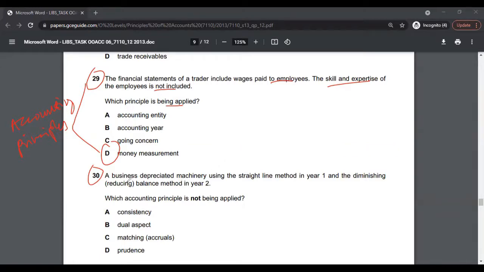Multiple choice 30. A business depreciated machinery using straight line method in year 1 and the diminishing balance method in year 2. So SLM for year 1, and then reducing balance method for year 2, also known as the double declining method.